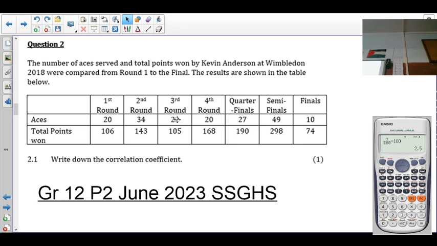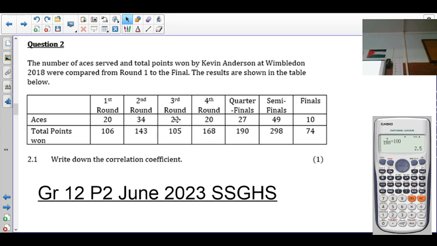First cricket, the duck, and then the ace is tennis. So the guy serves the ball and the opponent doesn't return it. In the first round there's 20 aces and the total points won is 106. The second round is 34 aces and so on.